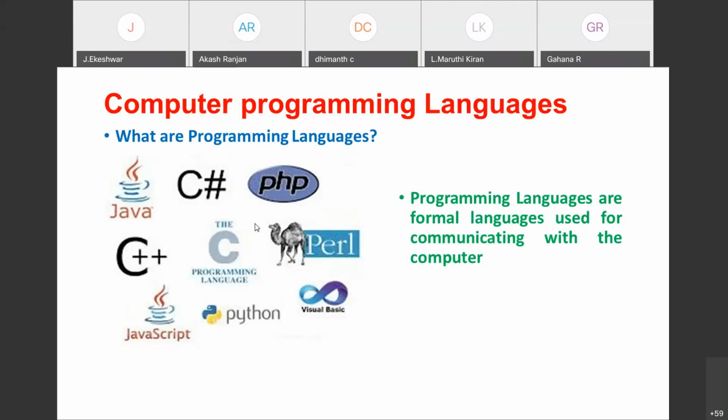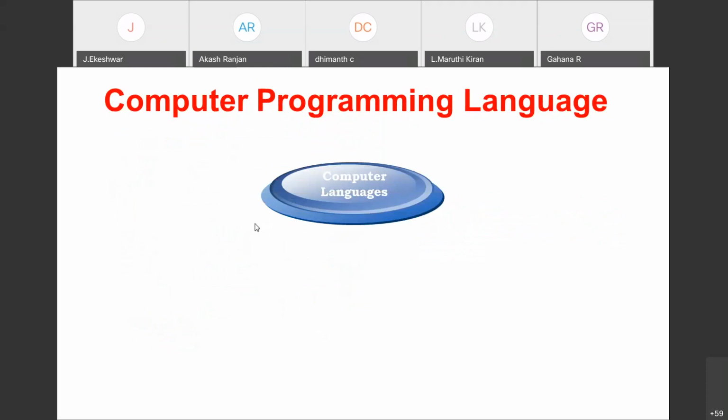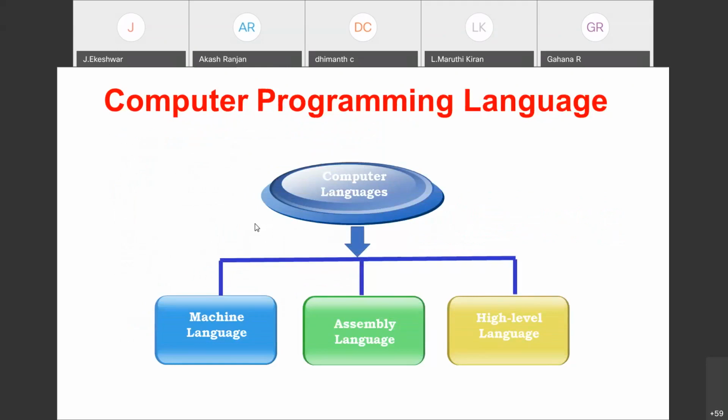So if you want to communicate with the computer, you need to make use of a programming language. This is how the computer programming language can be classified. These are the three major classifications: machine language, assembly language, and high level language.